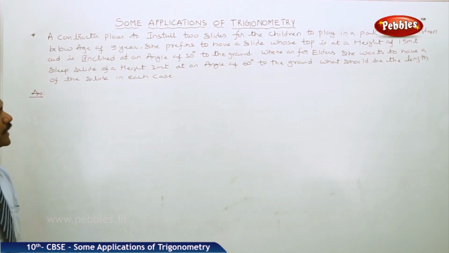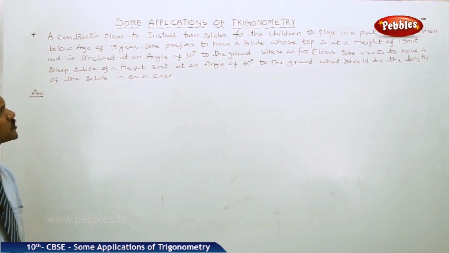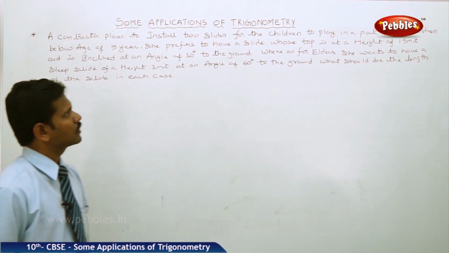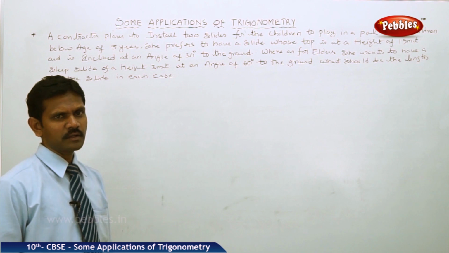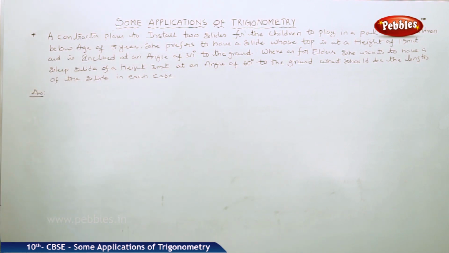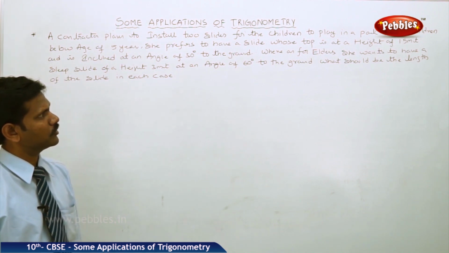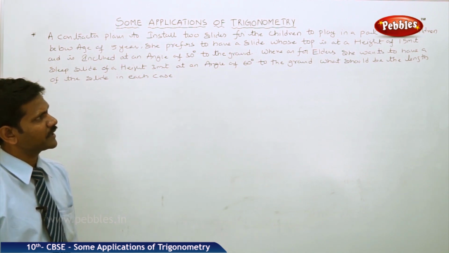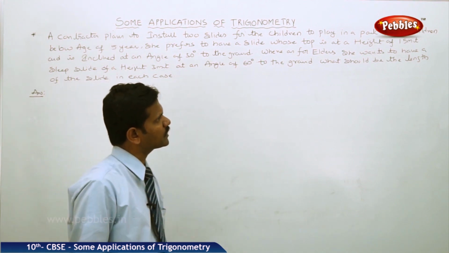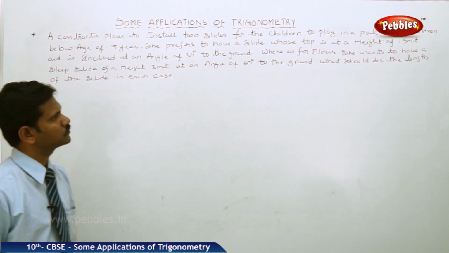A contractor plans to install two slides for the children to play in a park. For the children below the age of 5 years, she prefers to have a slide whose top is at a height of 1.5 meters and it is inclined at an angle of 30 degrees to the ground.